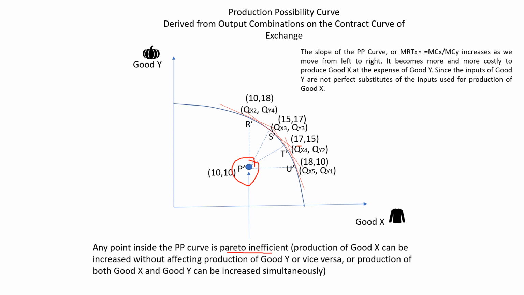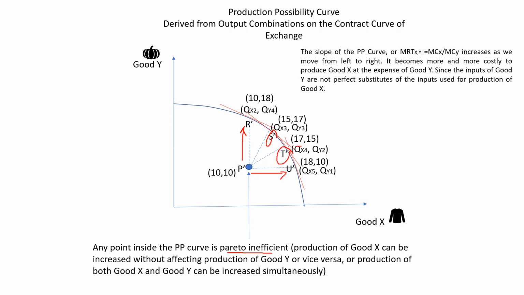So like the point from where we started our discussion regarding the Edgeworth box diagram, which was a point where the marginal rates of technical substitution were not equal to each other for the two commodities, we can move from a point which is Pareto inefficient to either a situation where output of only good X increases and good Y stays the same, or output of only good Y increases whereas good X stays constant, or somewhere in between where outputs of both goods are increasing.